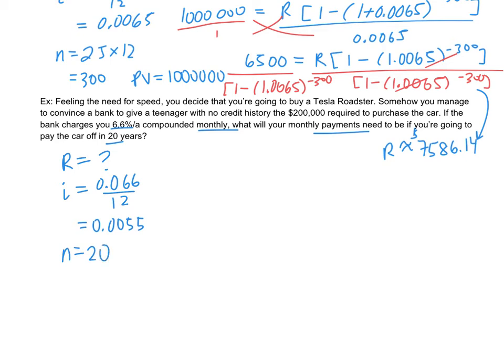And 20 years monthly, so 20 times 12, that's 240 payments that you're going to have to make. And we do know the present value. The present value of the loan is $200,000. So it's the exact same as the previous example where you're solving for R.